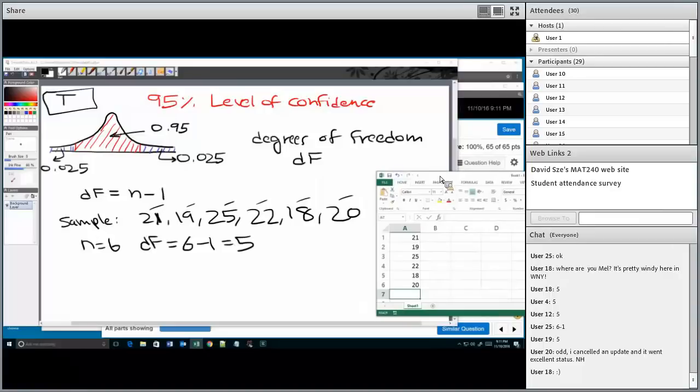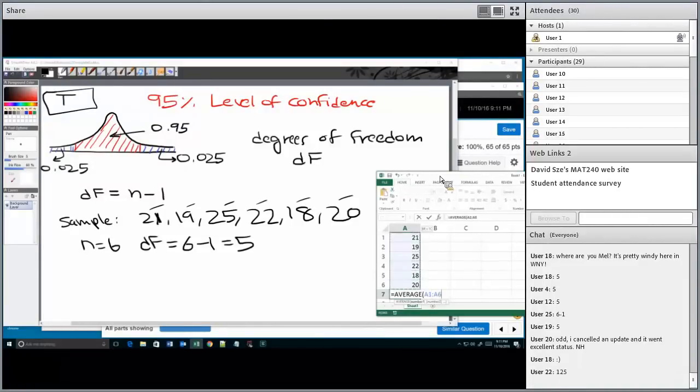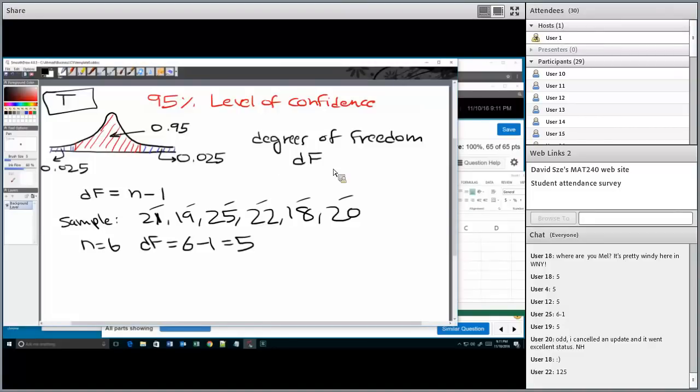There's a function in Excel, equal average, and then parentheses, and I can highlight the entire data set, and my average comes out to be 20.83. I'm going to represent that with x bar. X bar is the sample mean, which is 20.83.